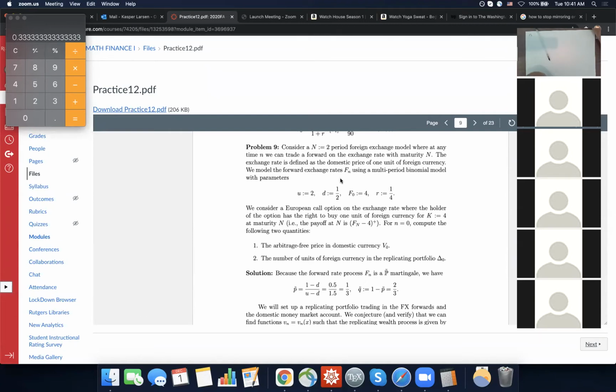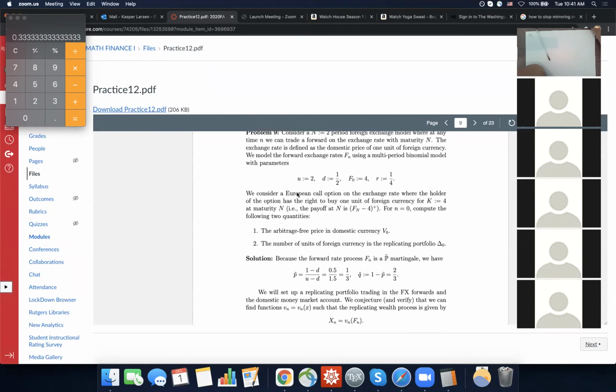So it's again a 2-period model. There are these forward exchange rates, and we're being asked about foreign exchange rates using a binomial model. We consider a European call on the exchange rate.